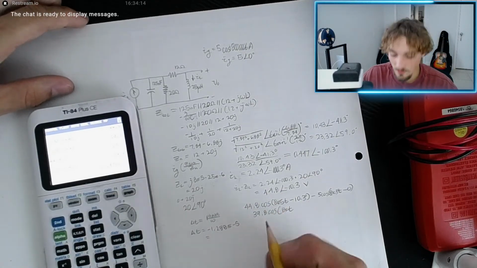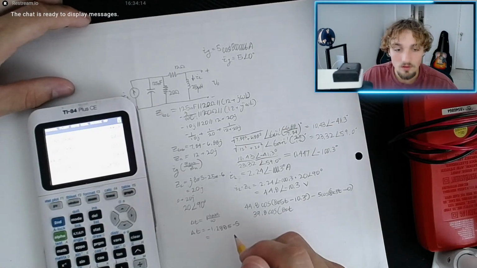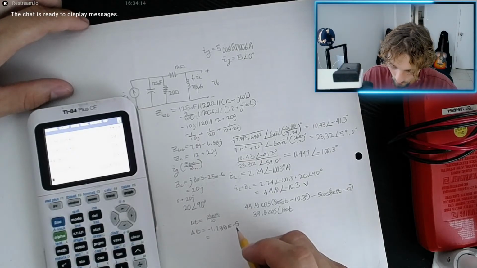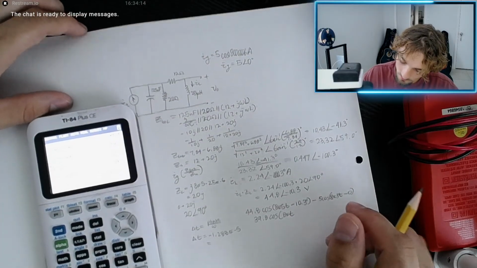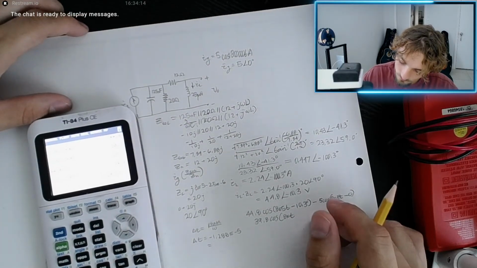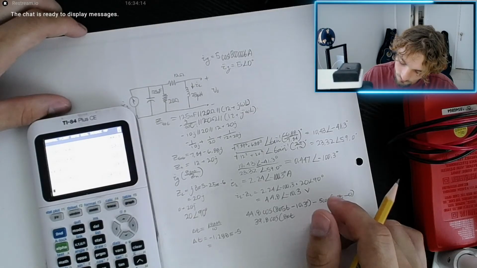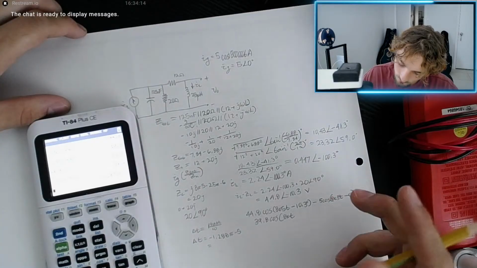How many nanoseconds? Well, that's not right.